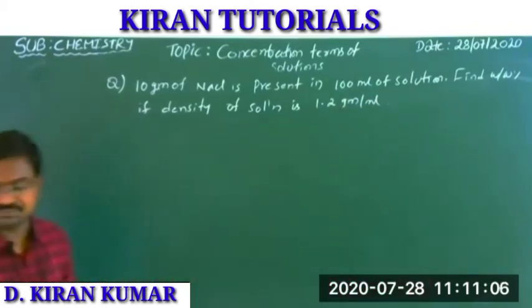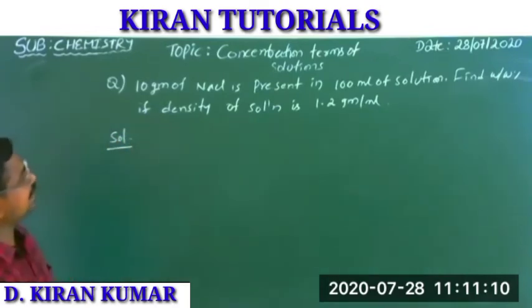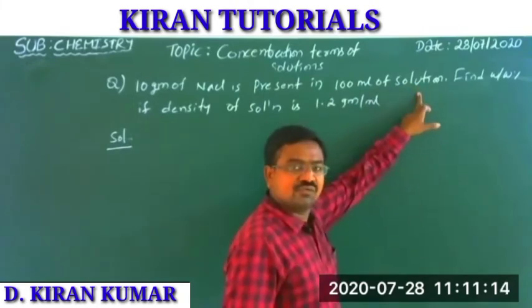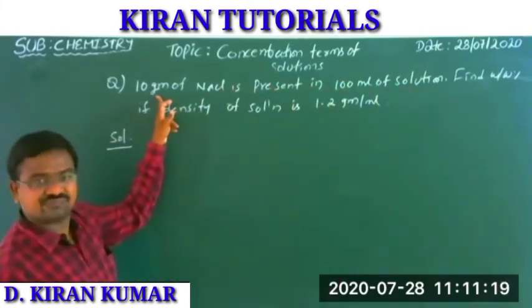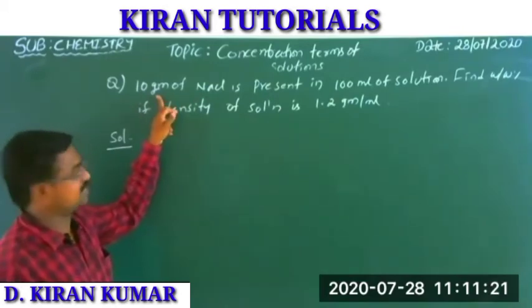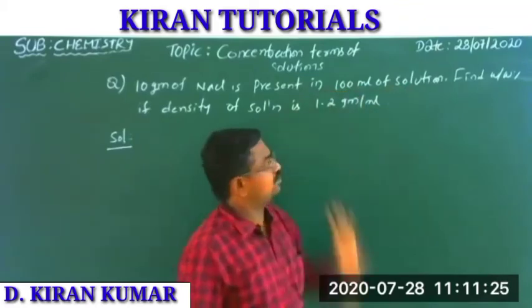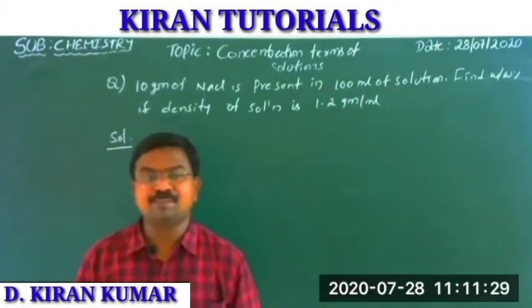What is the question? 10 grams of NaCl is present in 100 ml of solution. Here the volume of solution is given and the weight of solute is given. Solute is NaCl, solvent is water. Then density is given. Then we have to find the weight by weight percent.